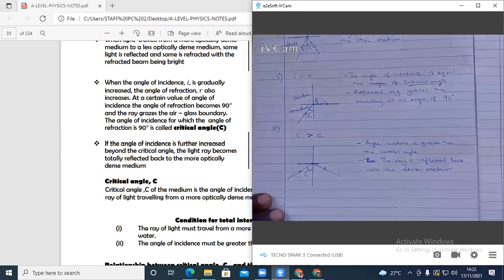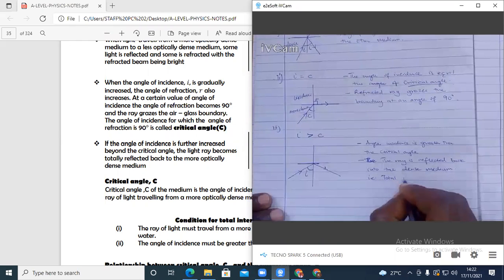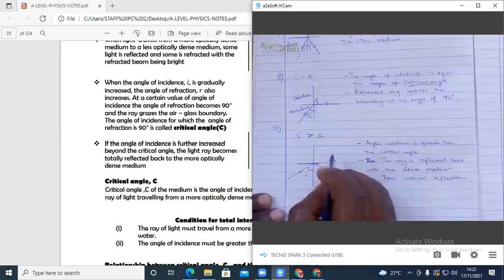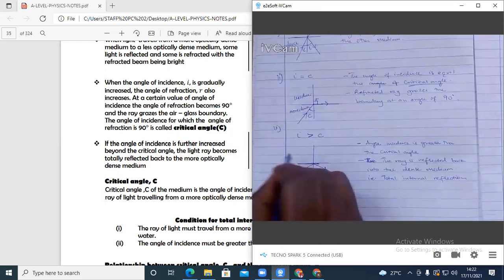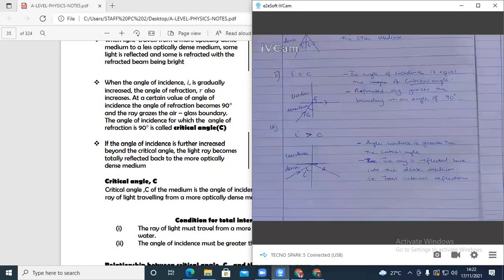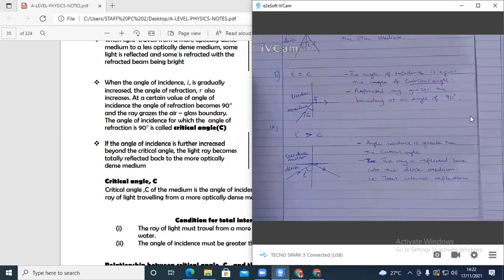So in other words, total internal reflection takes place. So if this is the dense medium and this is the less dense medium, you have something like that to show you that the ray of light will be totally internally reflected in that form.